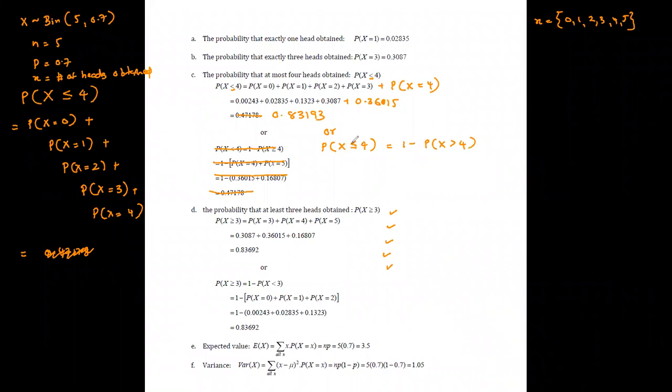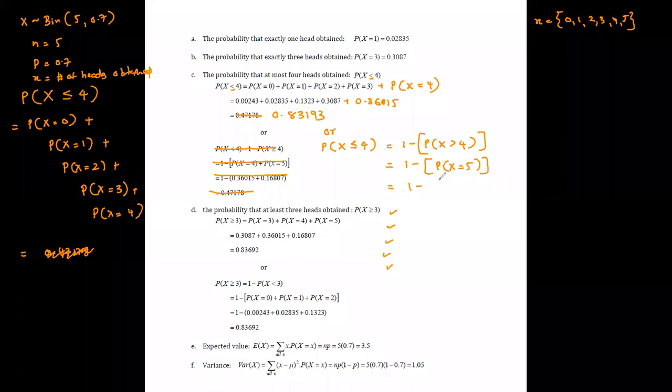Here we are considering the events which are getting values less than or equal to 4, so it should be equal to 1 minus the probability of x greater than 4. The only possible value for x greater than 4 is x equals 5.